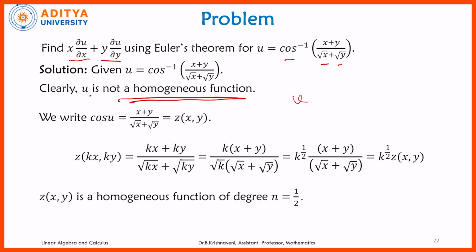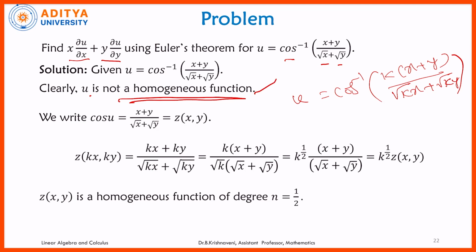So, once you write u equal to cos inverse of (kx plus ky) divided by (root kx plus root ky), we are not able to resolve it into u equal to k^n into u. That means directly u is not a homogeneous function.